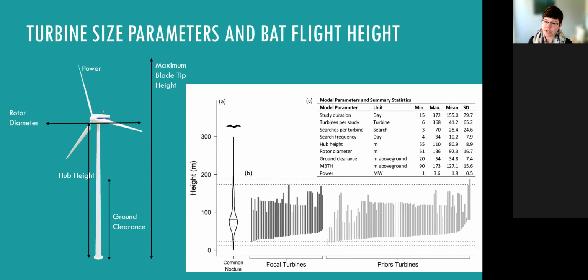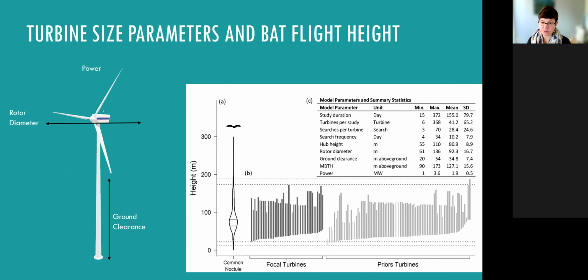A lot of these variables are correlated, so we looked at a correlation matrix to try to include the most distinct and the least covariate parameters for our analysis. When we looked at that, next slide, we found that rotor diameter and ground clearance were the least correlated.